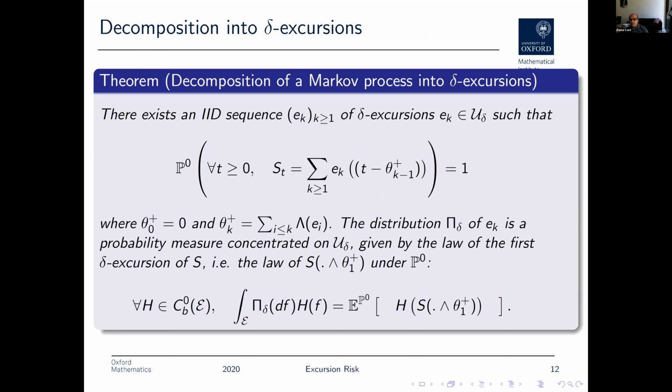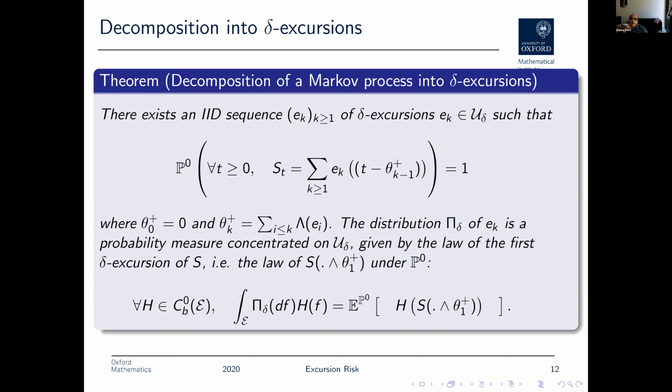Now, what we showed in the first lecture is that any continuous path can be decomposed into a concatenation of delta excursions. And of course, I can still apply this to the path of my Markov process.